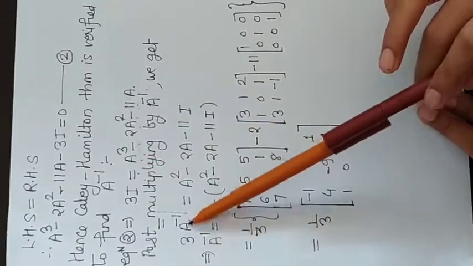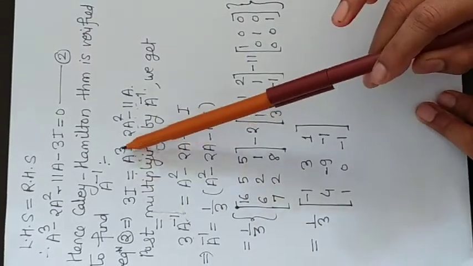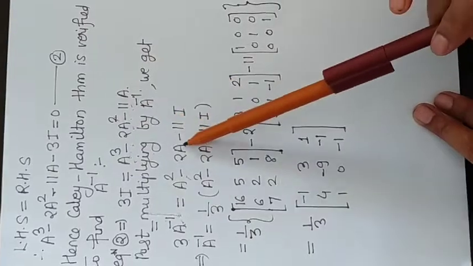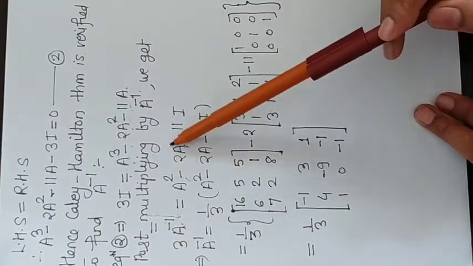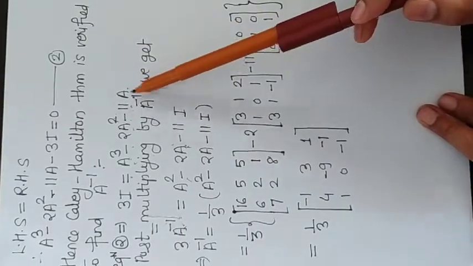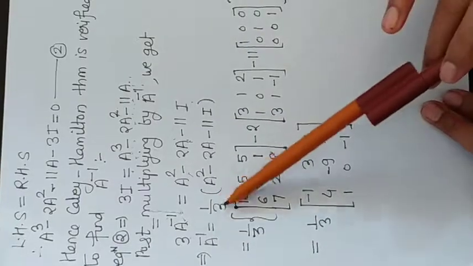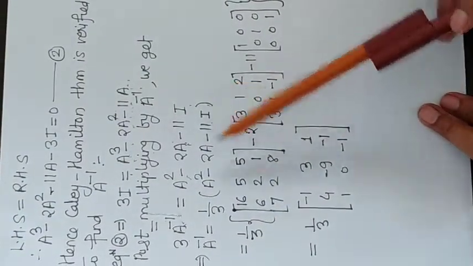So we have 3A inverse, multiplying each term by A inverse. So it is A inverse into A cube minus 2 A inverse into A square. A to the power 2 into A inverse is A to the power 1, minus 11A into A inverse, that is I. So A inverse is 1 by 3 times A square minus 2A minus 11I.